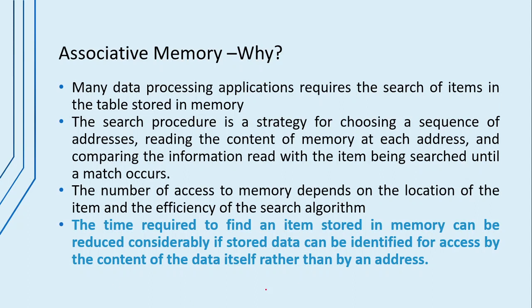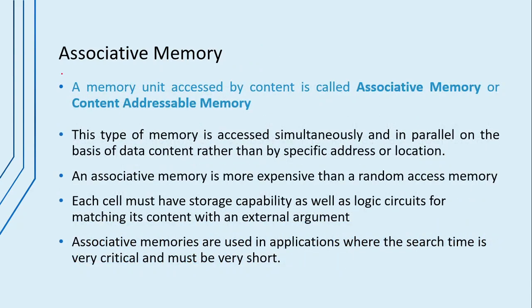This kind of memory, in which you can search your data based on content rather than address, is known as associative memory. Associative memory is also known as CAM, that is content addressable memory. This type of memory is accessed simultaneously and in parallel on the basis of data content rather than a specific address or location.